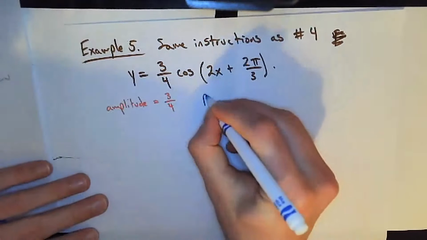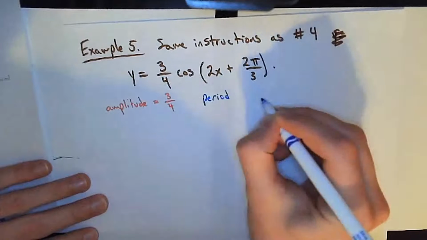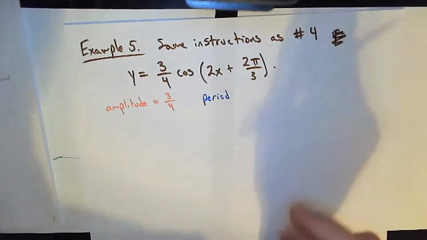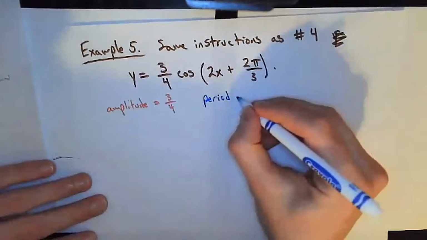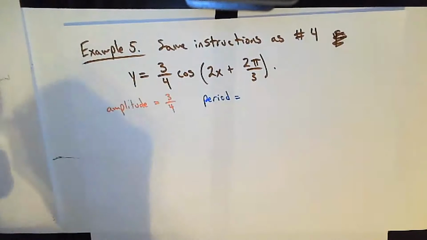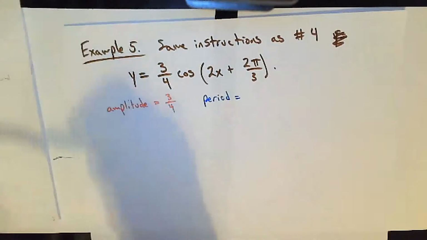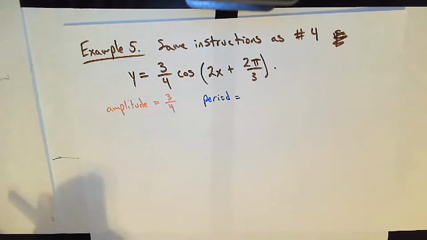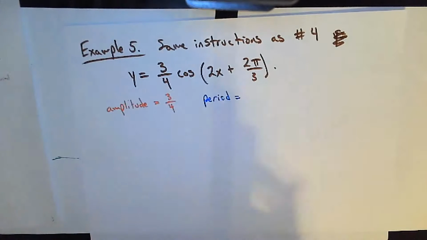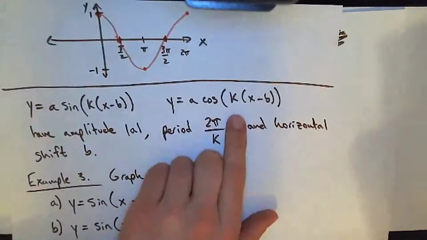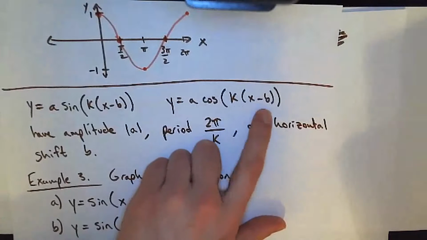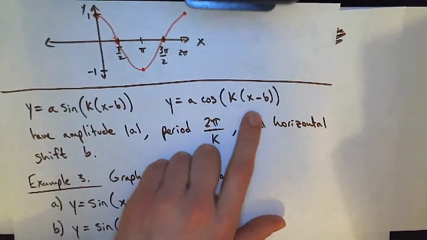What about period? You may be tempted to say 2 pi over 2, right? Well, we should note that before we do anything with this, it's not in the appropriate form to identify period and horizontal shift. Go back and look at those notes. There they are. It should be of this form, where K is pulled on the outside of the horizontal shift happening here.